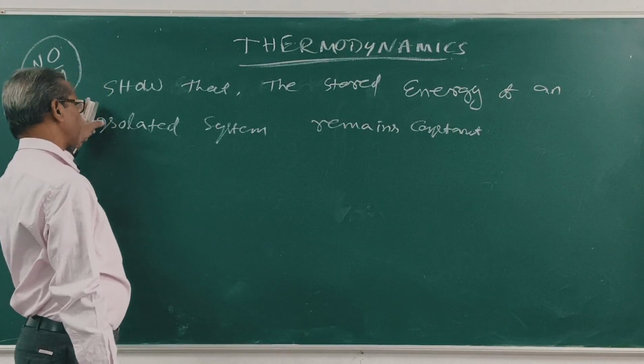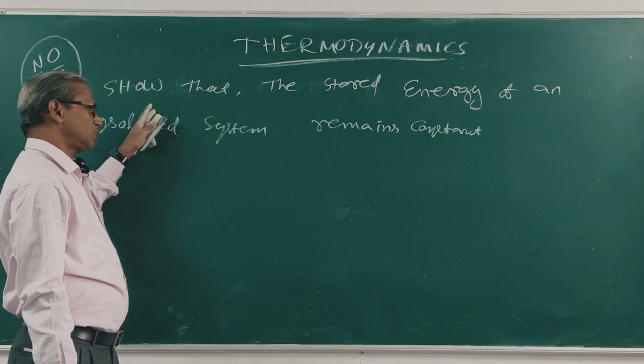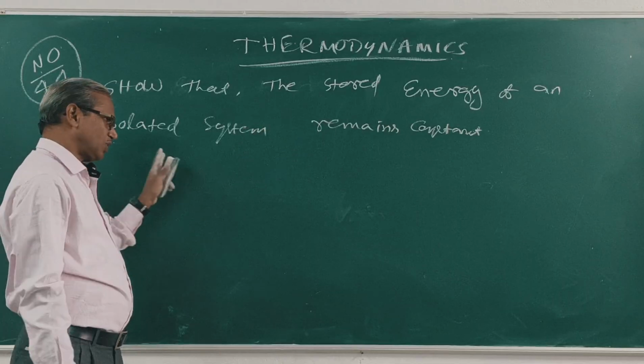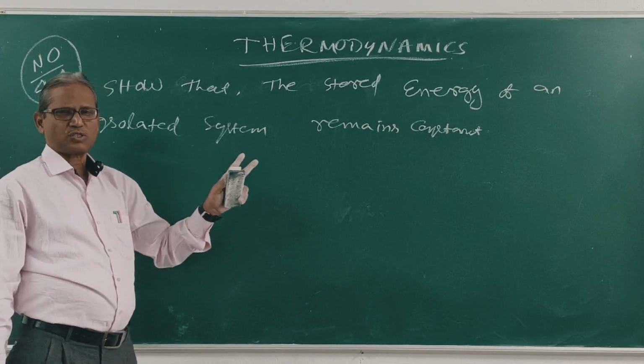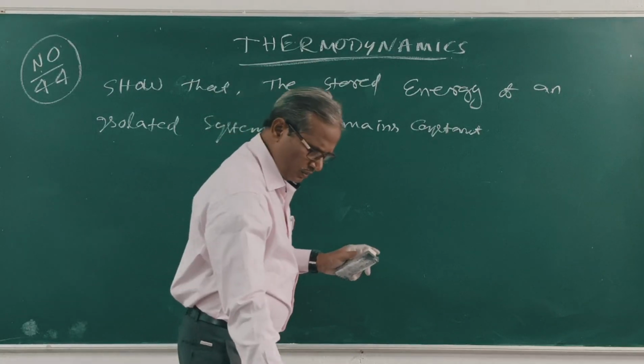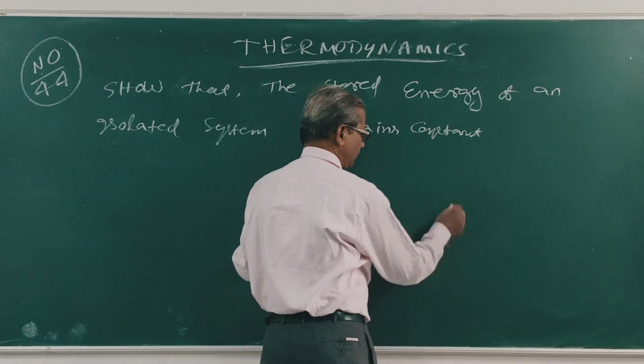Question number 44. Short question, 6-mark question. The question is to prove that the stored energy of an isolated system remains constant. In the previous classes, we have discussed the isolated system.